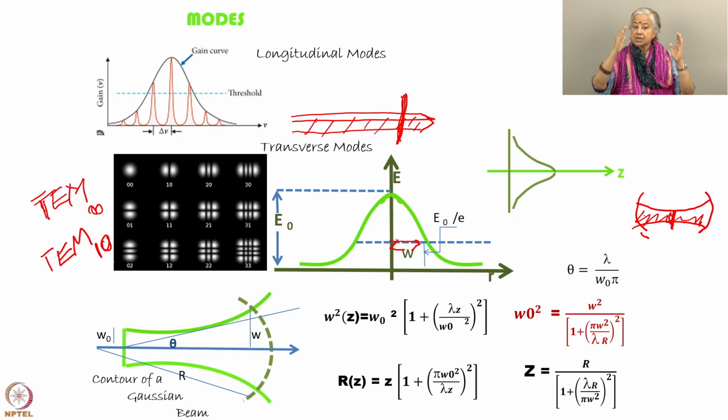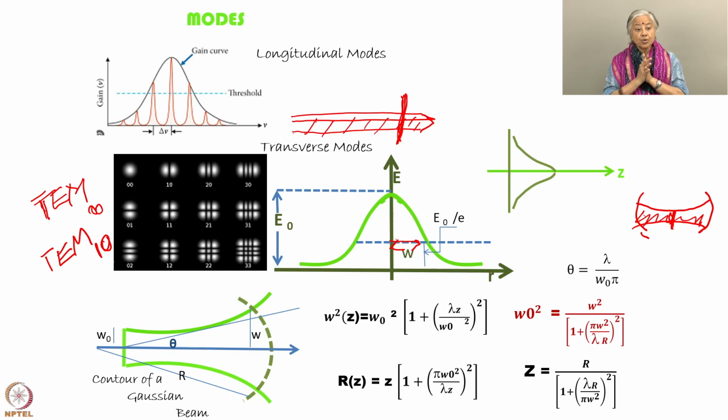Wave front means where all the phases are equal along this. So, it is a curved wave front. You get all these things if you do wave optics, you do not get it if you just do ray optics. Ray optics gives you some idea of the resonator or the beams that are passing through, but to get a complete picture you need to do wave optics.